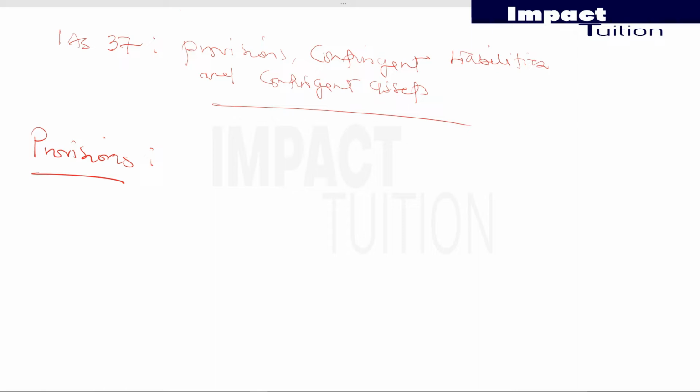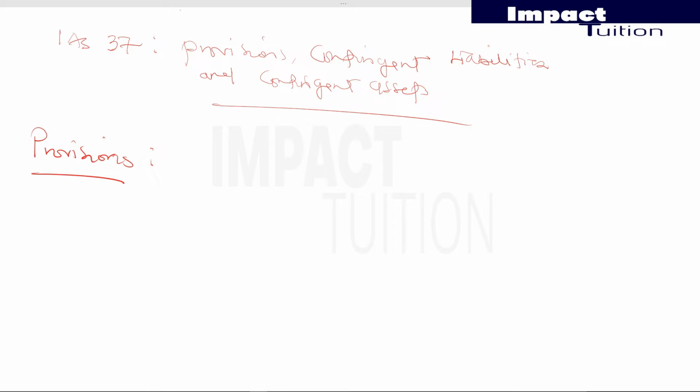Starting with the provisions, we said they are liabilities of uncertain timing or amounts. And because they are estimates, we have to provide the users of the accounts with information such that whenever they read our financial statements, they would understand the nature and why we have those amounts as provisions. Are we okay?